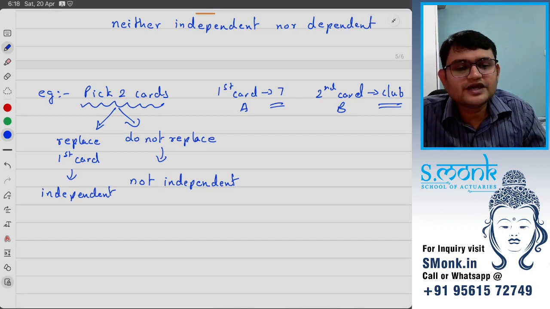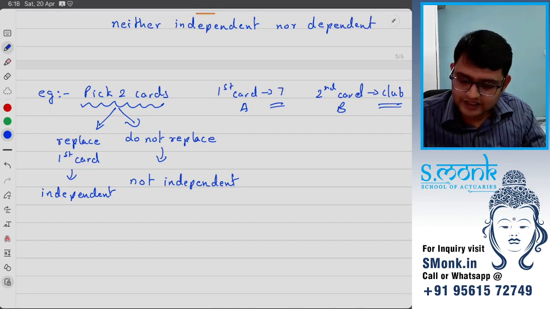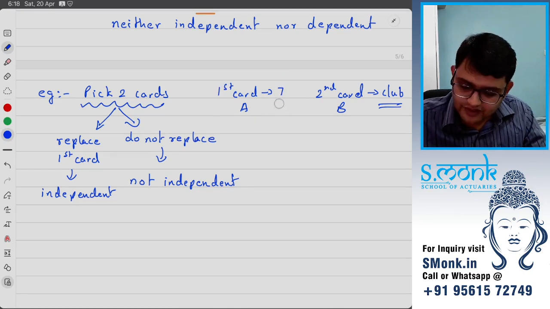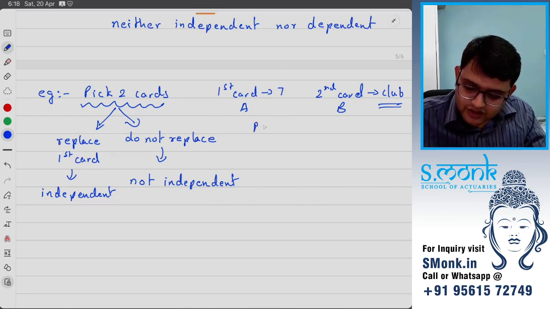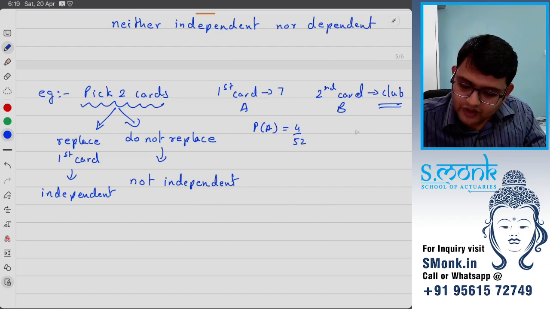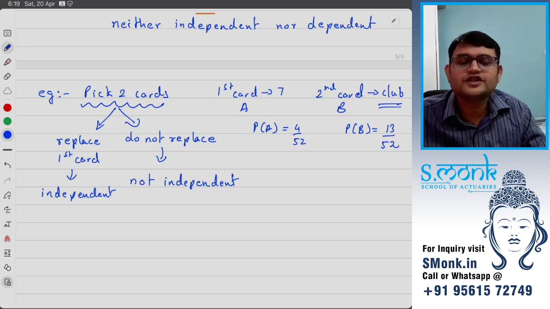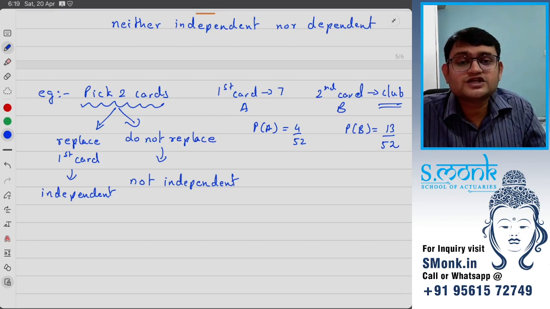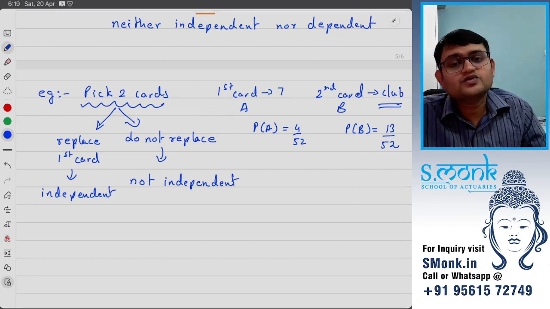If we replace the first card, irrespective of what my first card was, let's say the probability that I will get a 7 is, probability of A is 4 by 52, and probability of B is 13 by 52, irrespective of whether the first card was a 7 or not, whether it was a club or something else.